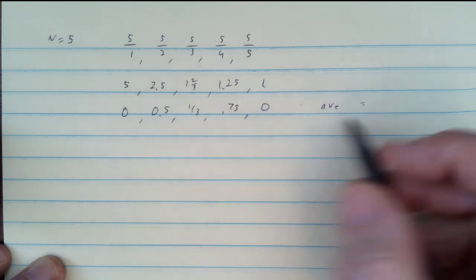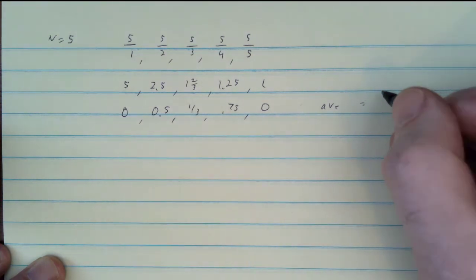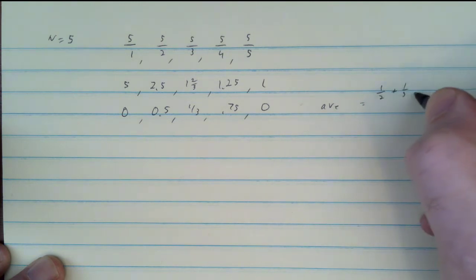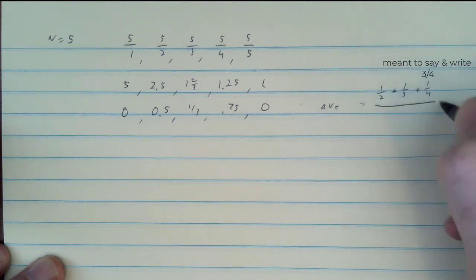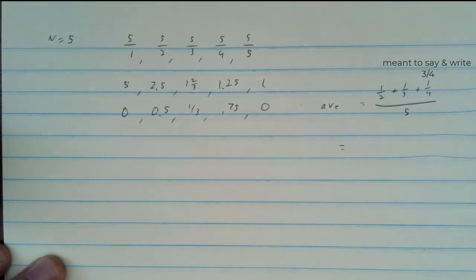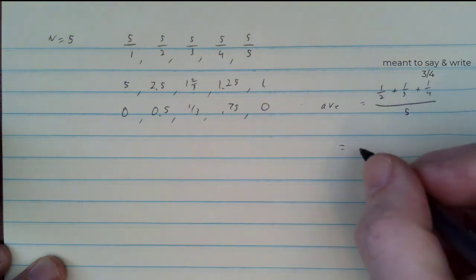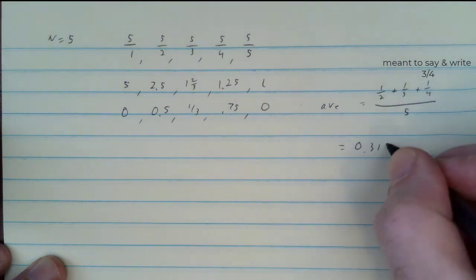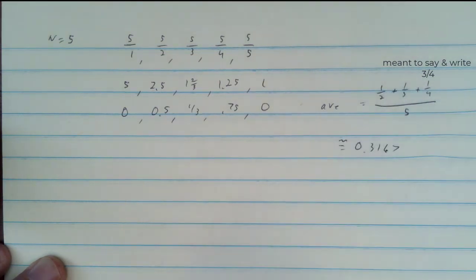It's going to be the sum. So let's do 1/2 plus 1/3 plus 1/4 divided by 5. This comes out to be, well, I did it earlier, about 0.3167. So just to approximate as a decimal, you can get the fraction easily enough, but I won't do it.